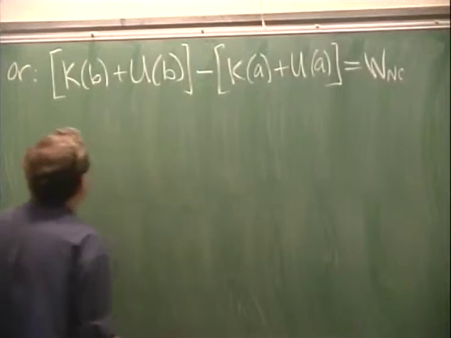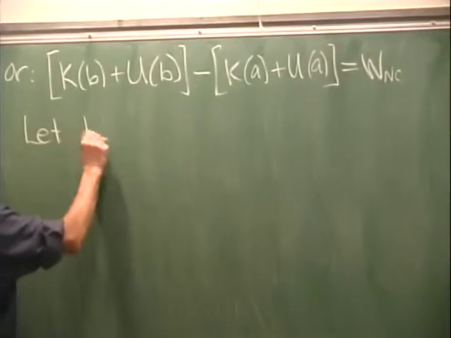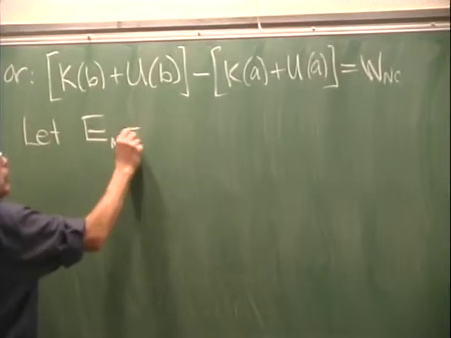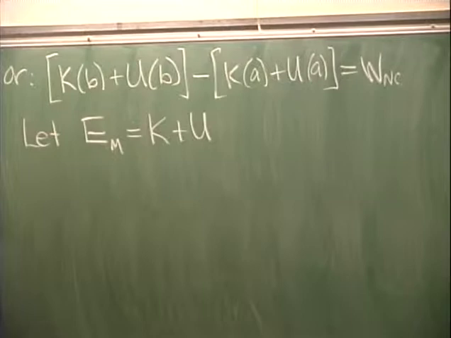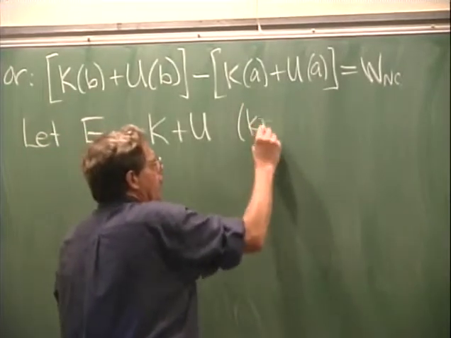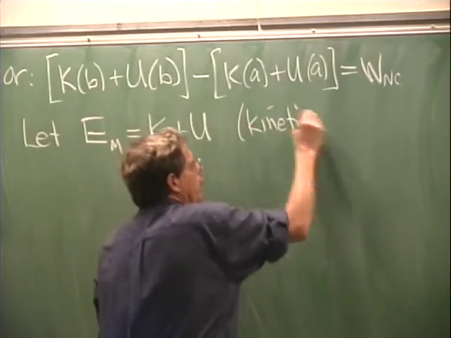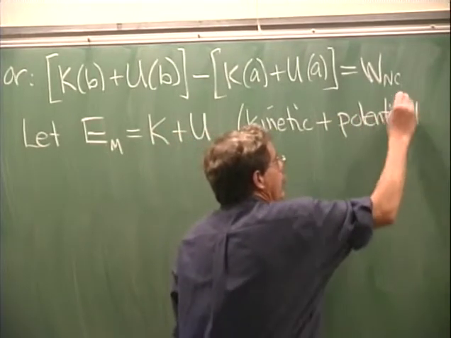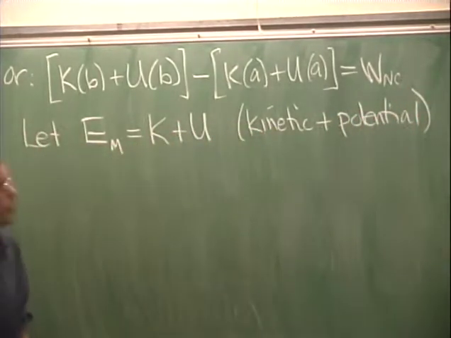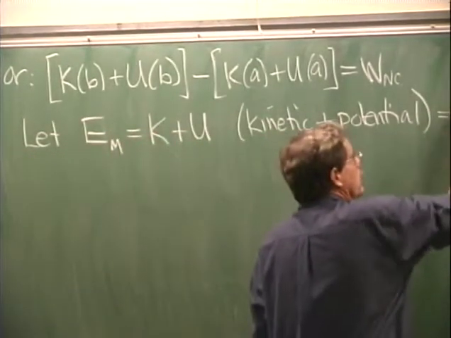In fact, let's do that. E sub m equals K plus U, potential energy plus kinetic. And the m is for total mechanical energy.